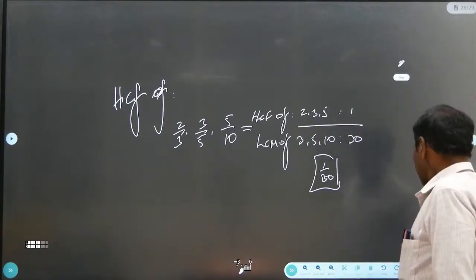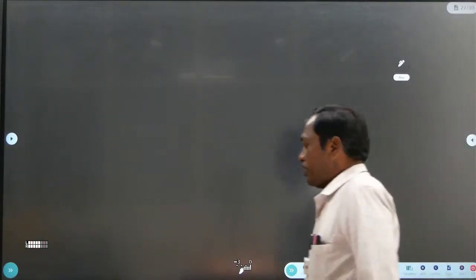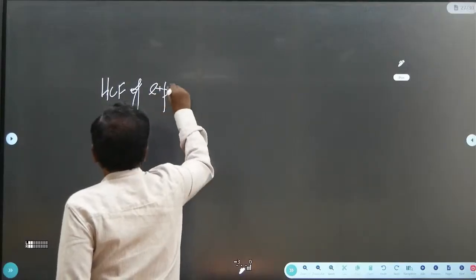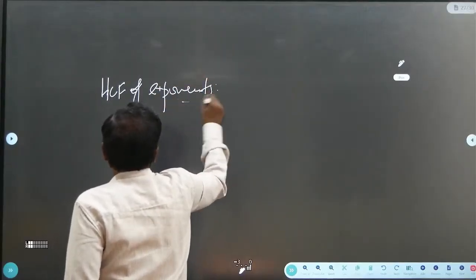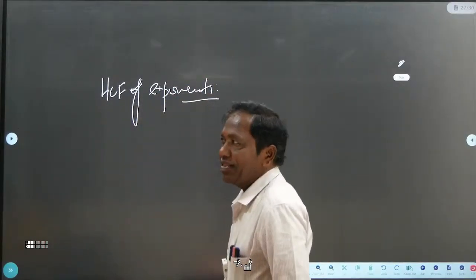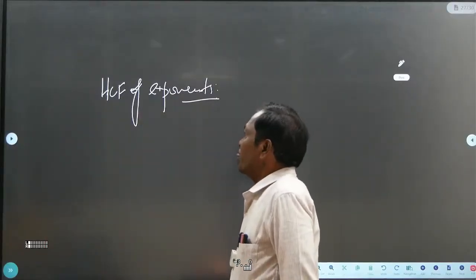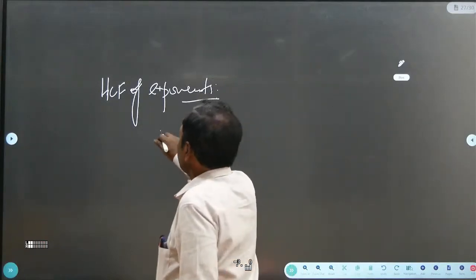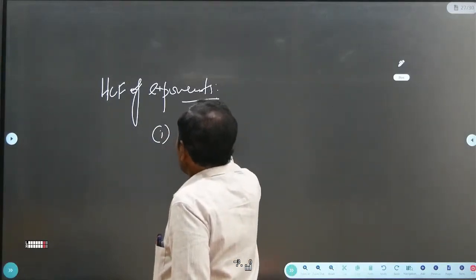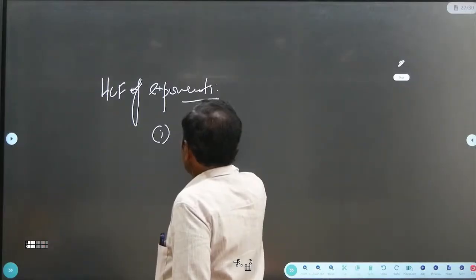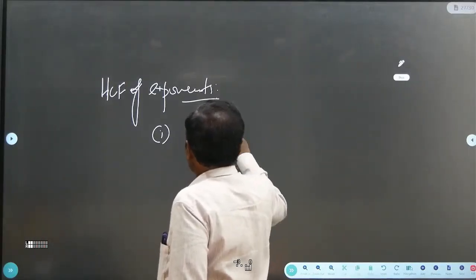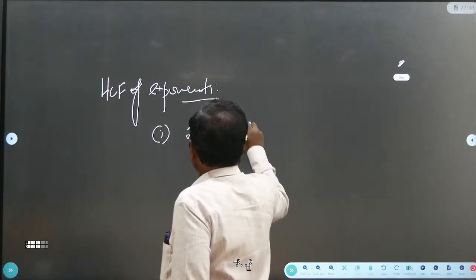Now HCF of exponents. Now we can see the first one. I'll write like 2 cube, 3 to the power of 4 and 7 to the power of 2.